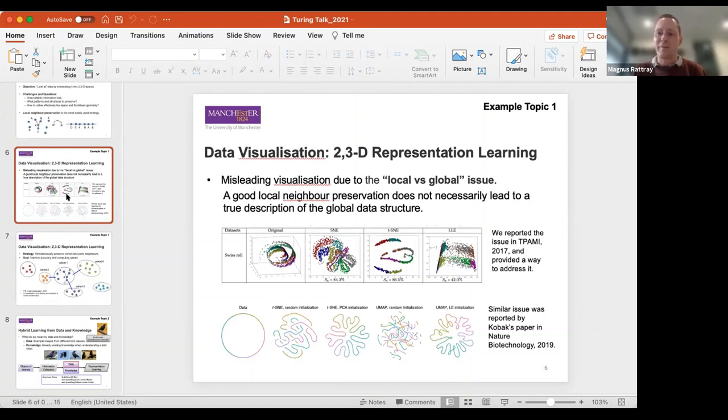You might have seen recently there's been lots of debate about this, with Lior Pachter having a paper out recently on this topic. It's really caused a lot of controversy. So you've got a kind of workaround for this, and your workaround is to model both the local and the global distances.